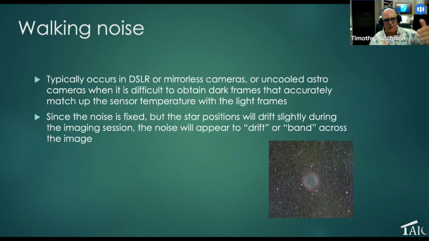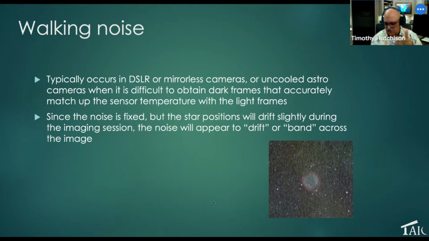And in fact, the temperature of your light frame will change over time. Your camera's going to heat up, the ambient temperature is going to change, right? There's going to be variation because we're not controlling the temperature of that sensor. So it's very difficult for us to take a dark frame and measure what that dark current is going to be, right?